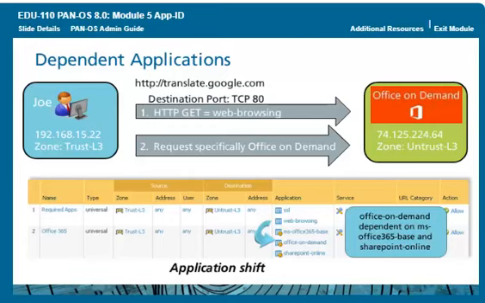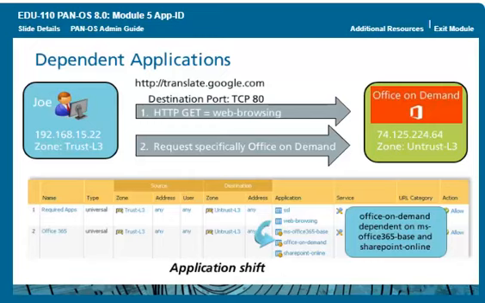Because security policy rules are examined for every packet, the firewall can detect application shifts within an established session. When Joe tries to access Office on demand, an application shift in the current session is initiated. The AppID engine detects the shift and finds the application signature for Office on demand. The Office on demand application does not match the first rule, so the firewall moves on to the next rule.